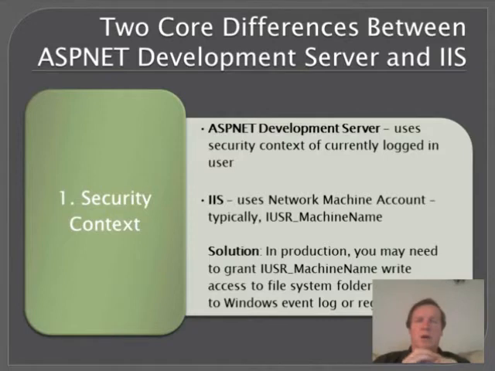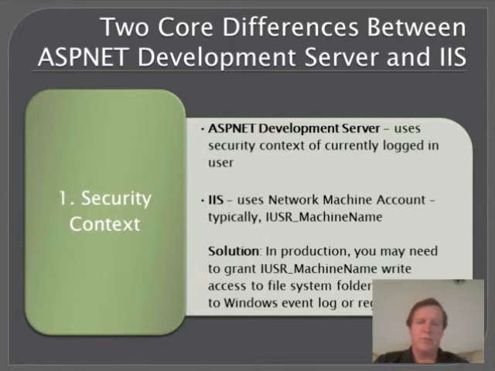But what'll happen is we get our web application working fine in development, and then we move it over to production, and all of a sudden, if we're using System.IO TextWriter to write things into folders on our root directory, it's not going to work unless we first go into those folders and grant write access to IUSR_machinename or the web server name.